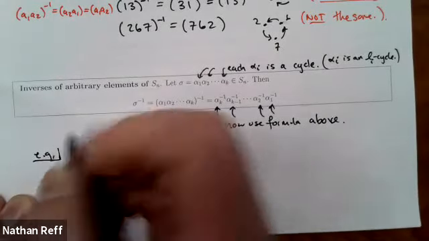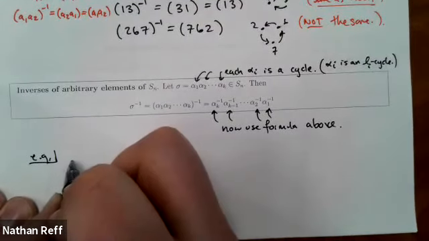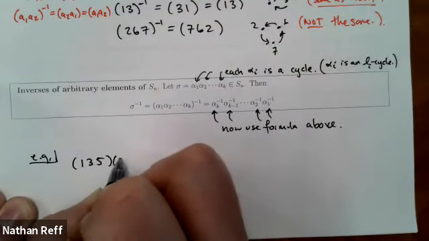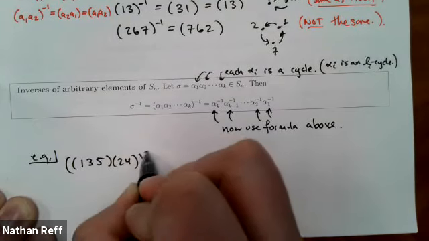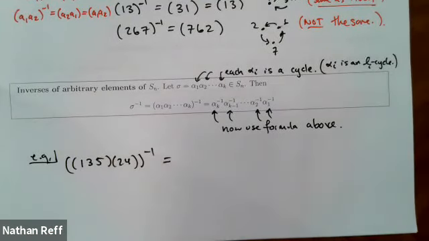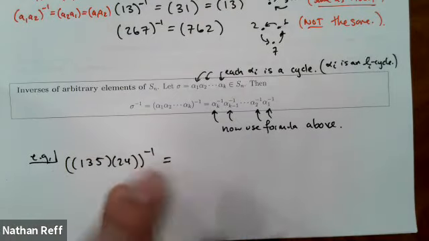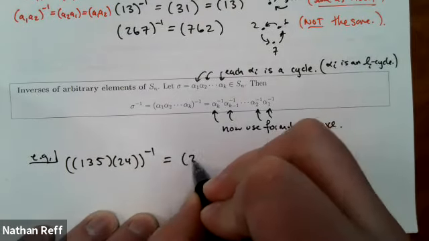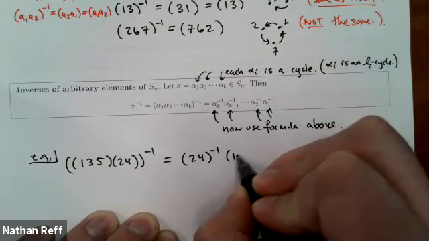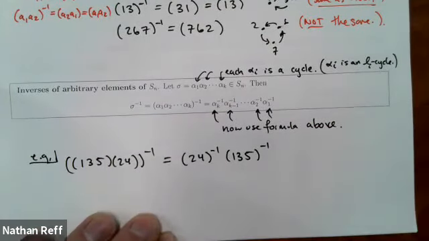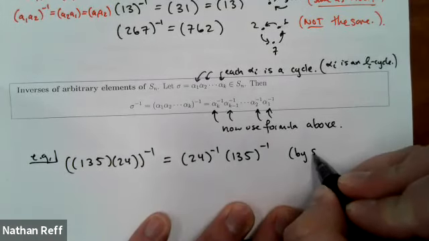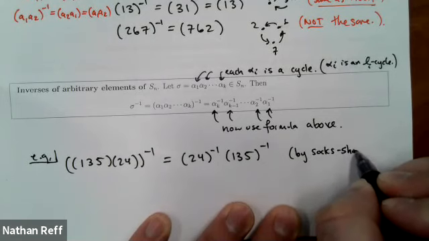So let's do that in action. For example, let's try to take the inverse of this element: (1 3 5)(2 4). In order to do that, you take these cycles and first write them in opposite order and invert. So it'll be (2 4) inverse, (1 3 5) inverse, by socks and shoes.